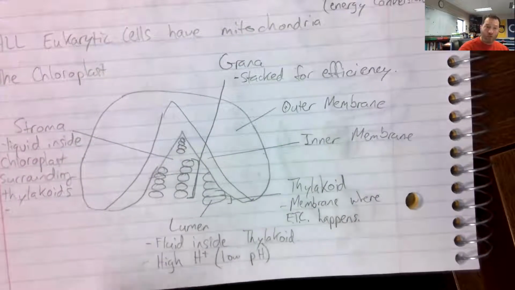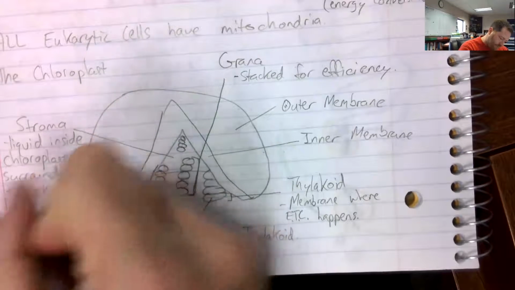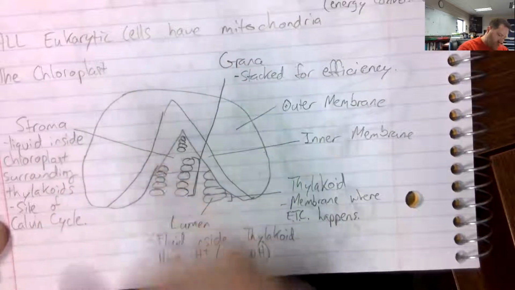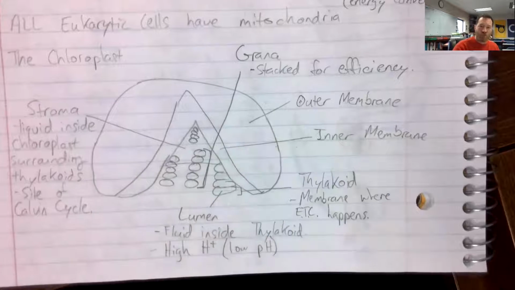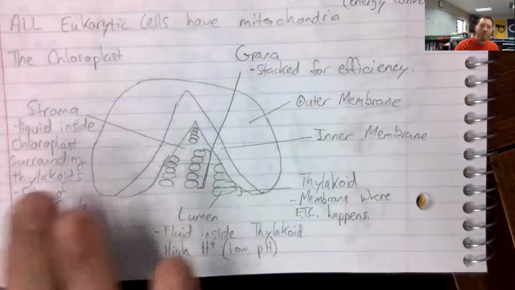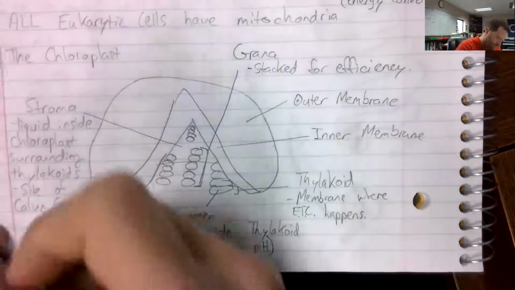The lumen's inside the thylakoids, the stroma surrounds the thylakoids, and this is the site of the Calvin cycle. Again, you don't have to stress exactly what the Calvin cycle is right now. We will cover that later in a different unit. Right now, you just need to know that the Calvin cycle occurs in the stroma.